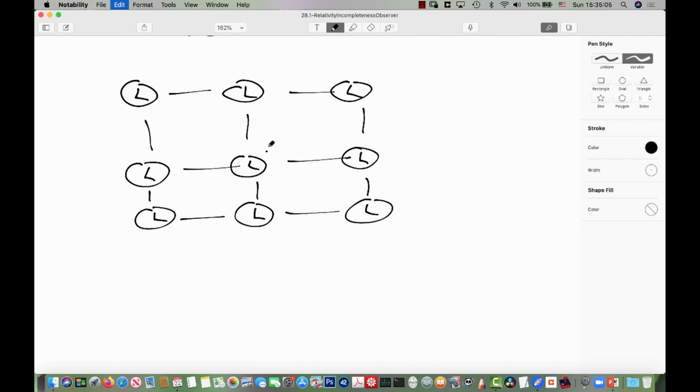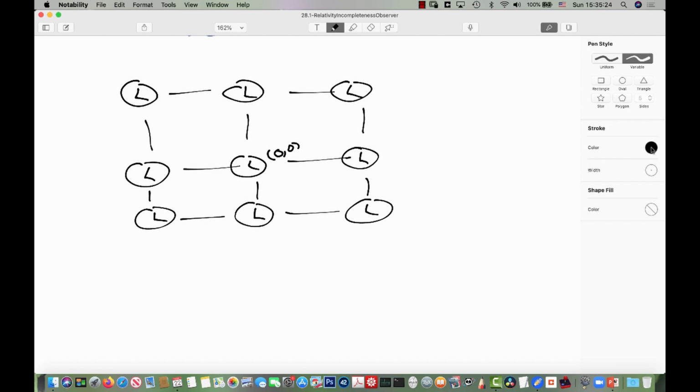What will happen is the leprechaun at the central master control clock located at 0, 0, has the responsibility of lighting off a firecracker when their clock is at t equals 0.